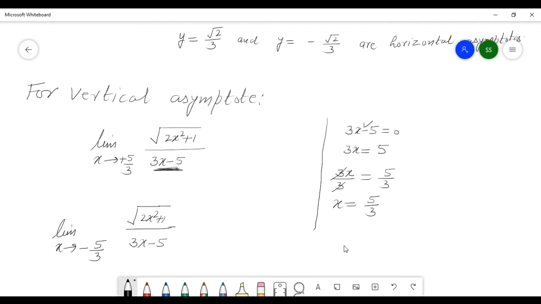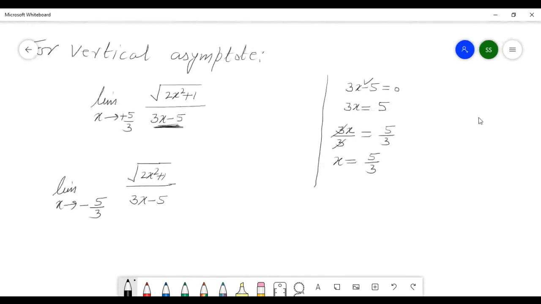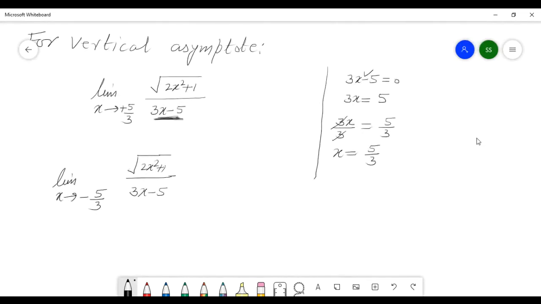Look here, what to do? Take the limit: the numerator goes to a positive number and the denominator goes to 0.